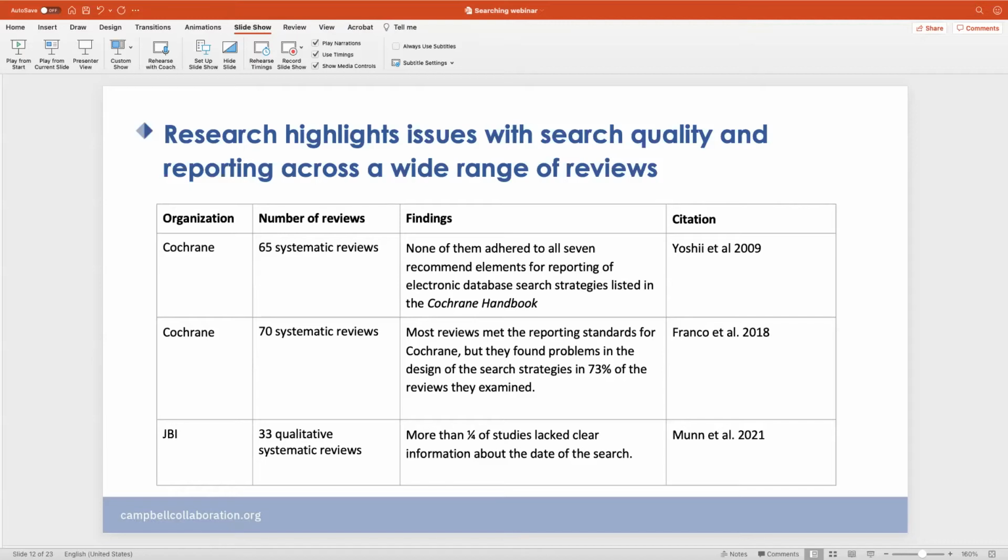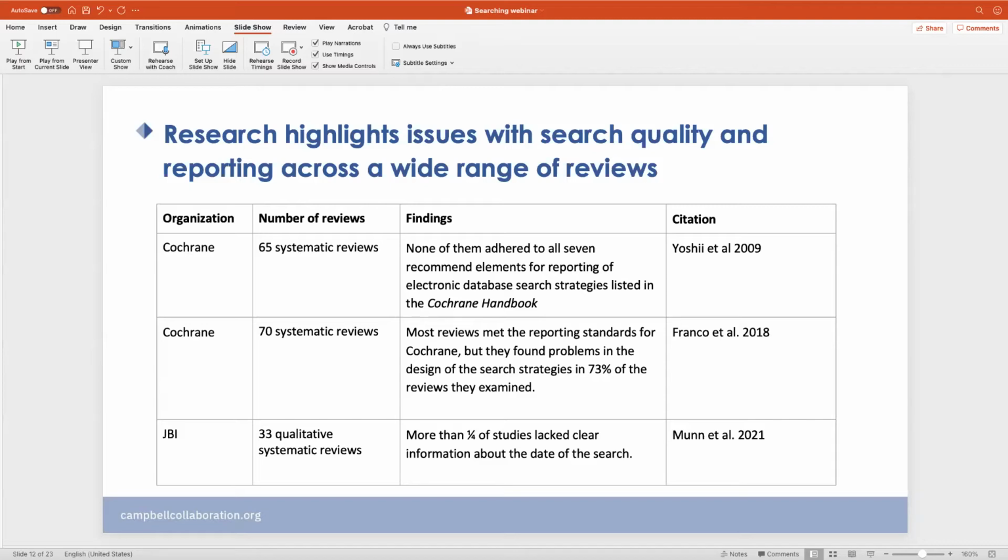And so I think there's certainly a reasonable expectation that these reviews would be doing better than those published in the general literature. And I think the evidence does indicate this is the case. But even so, some research has shown, even with those reviews published by these organizations, there's still room for improvement when it comes to conducting and reporting of searches.